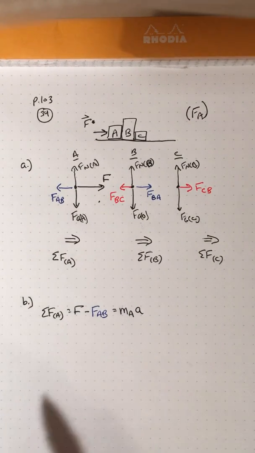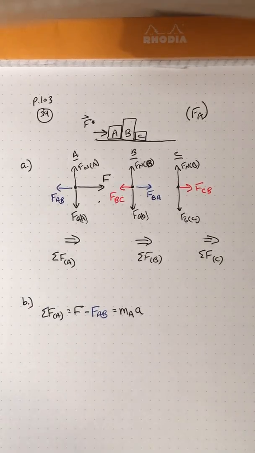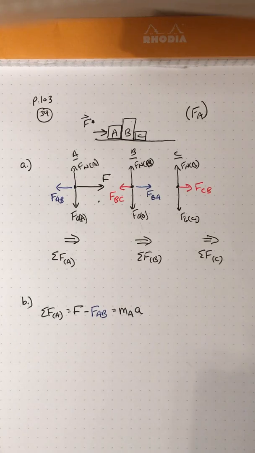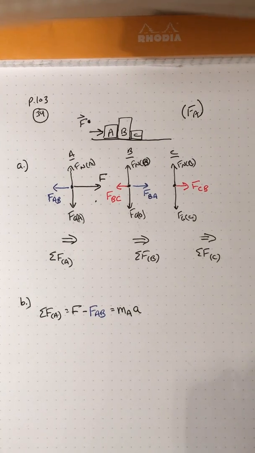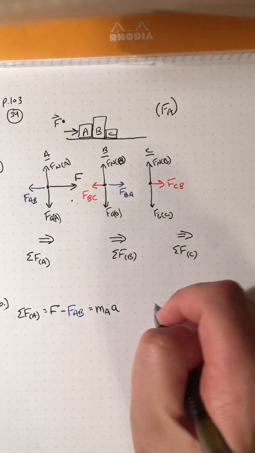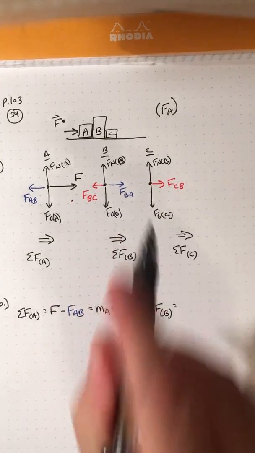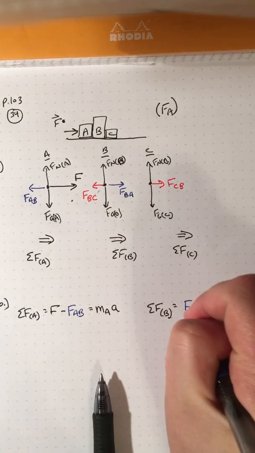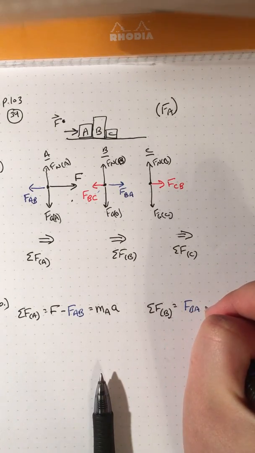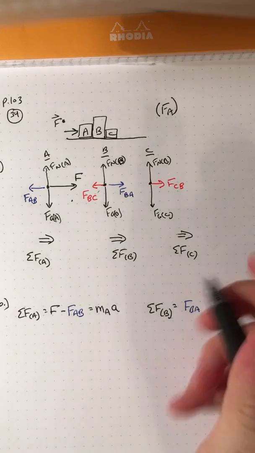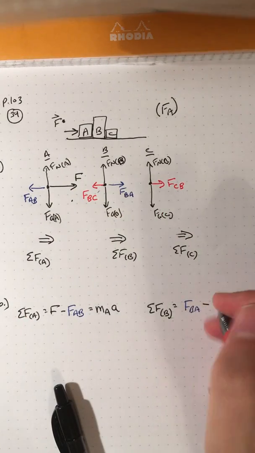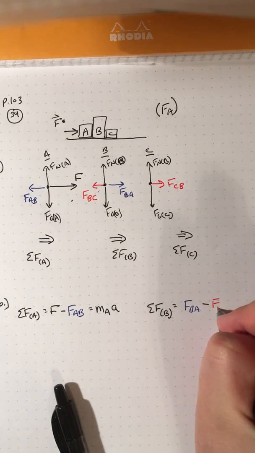And I'm not calling this the acceleration of A because remember, if I'm pushing this, the whole system has to accelerate at the same rate. So I'm not calling this AA because it's all accelerating at the same rate. If we just go along the line, we can say that the net force on B is the one that's going this direction, FBA, minus the one that's going this direction, FBC.